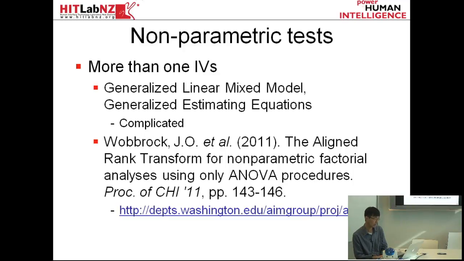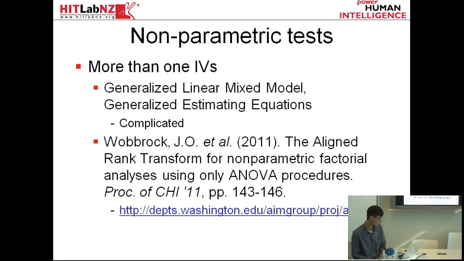But there are still certain methods such as generalized linear mixed model and generalized estimating equations. I believe SPSS does have a generalized linear mixed model function, so you can use this function for analyzing non-parametric tests with more than one independent variable.